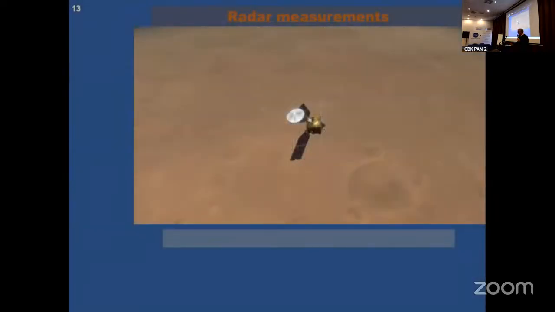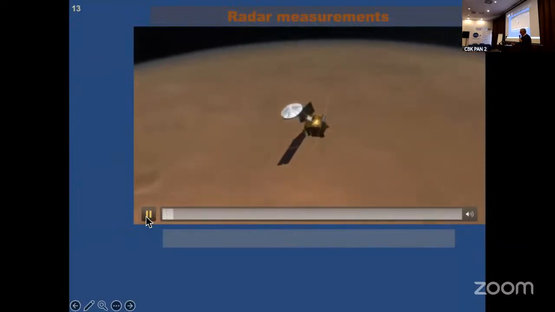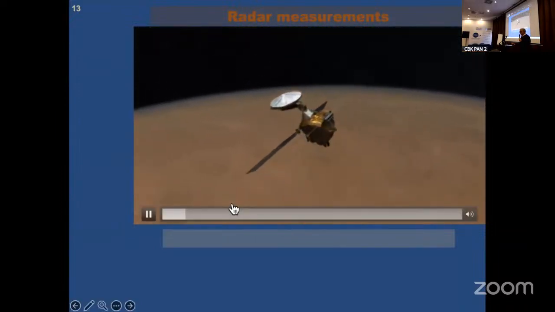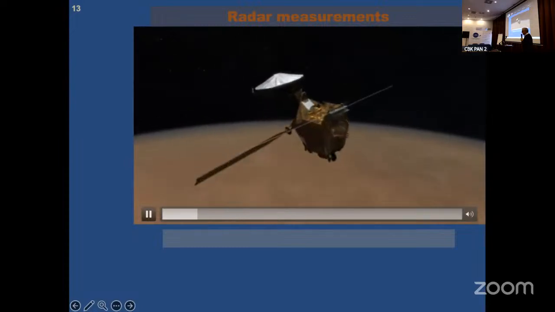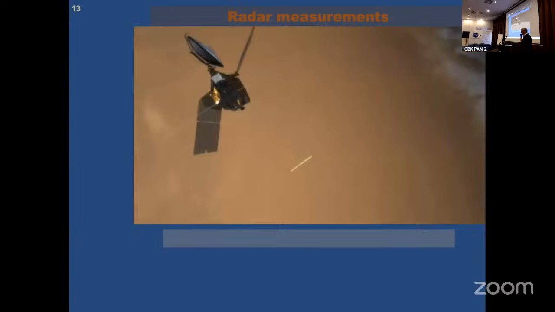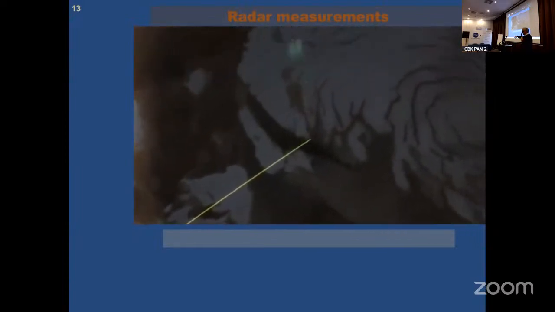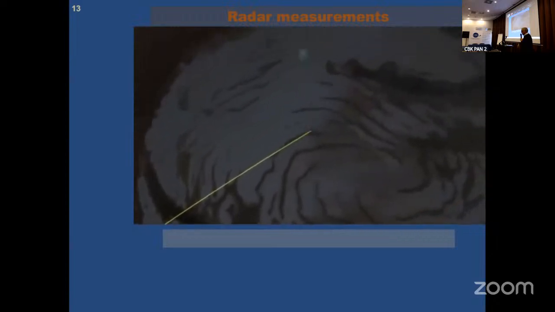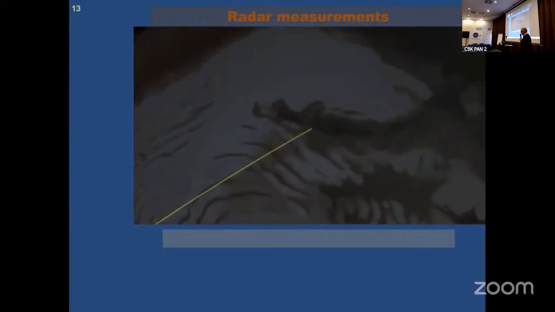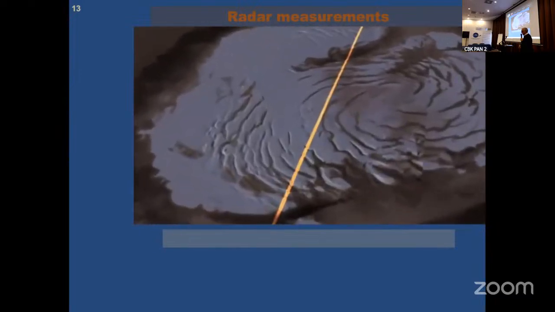Okay, well, let's see how the measurements work, a short film. We have the Sharat radar flying over Mars. It will be over the polar cap, in fact, you see. And the signal is sent with a repetition of a few milliseconds. It's penetrating into the polar cap, which is in the image.